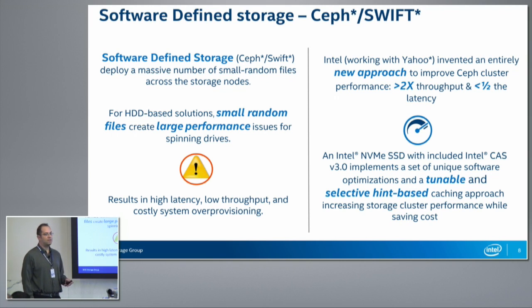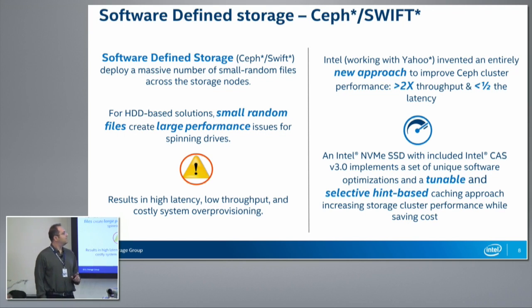So Intel, over the last year, between Intel Labs, which is our research arm, and NSG, which is the group I'm in that owns the cache acceleration software, we invented a new approach in order to improve their Ceph cluster performance, resulting in 2x throughput and half the latency for their files. And I'm going to go into detail on that.